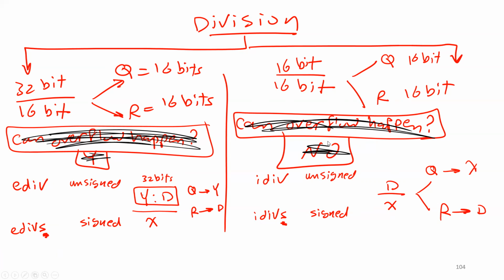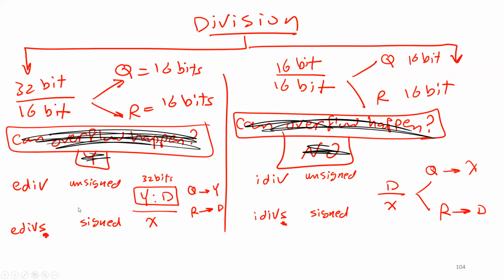Okay. The other option you have is to divide 32 bits by 16 bits. The quotient is 16-bit and the remainder is also 16 bits. We have two instructions here, guys: ediv and edivs, as you see here. Again, this S is for signed. So this is for unsigned, this is for signed.